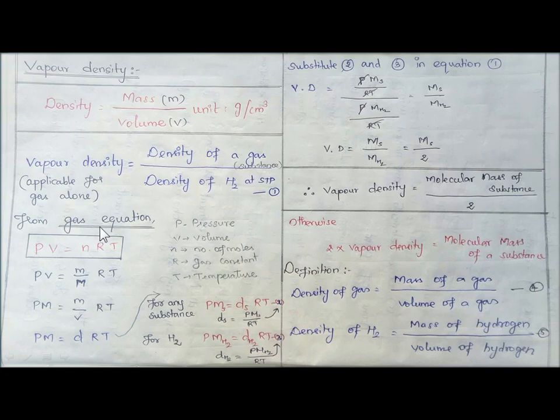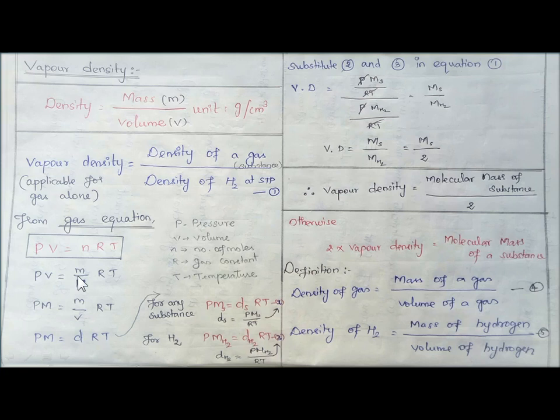From the ideal gas equation, we know very well that PV is equal to nRT, which we have seen in the last slide. P is the pressure, V is volume, n is equal to number of moles, R is gas constant, T is temperature. Now, instead of this n, as I told you, we can substitute small m by capital M. Small m is mass of a substance divided by molecular mass of substance.